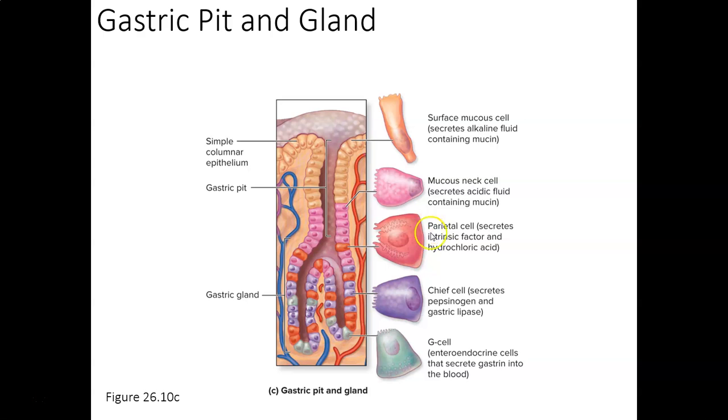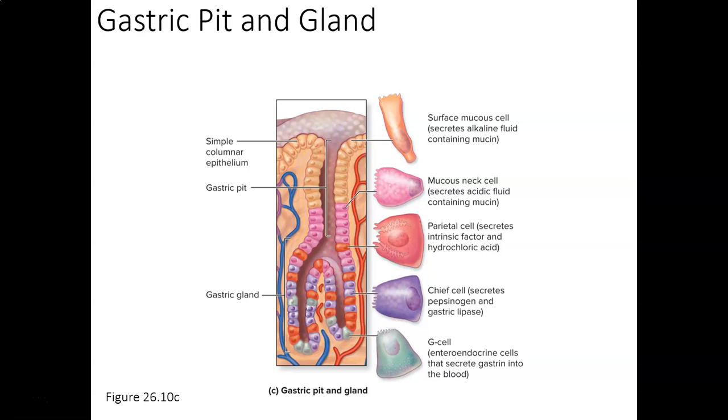Intrinsic factor is essential for vitamin B12, which is also required by our body to make red blood cells. Without B12, we can't make red blood cells, and then we end up with anemia.